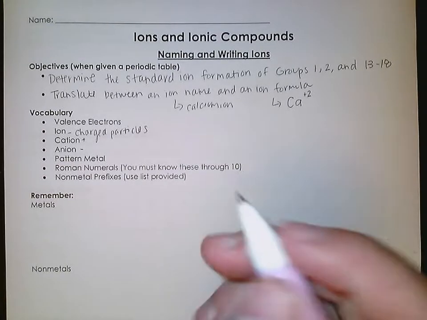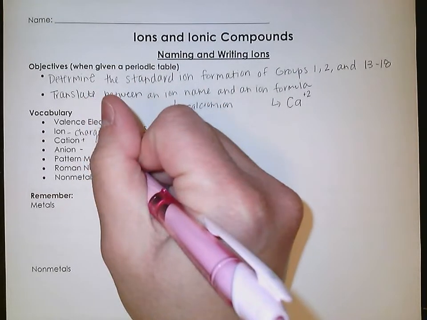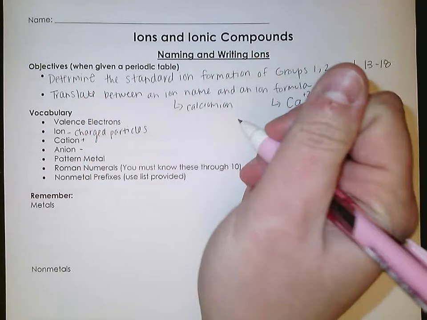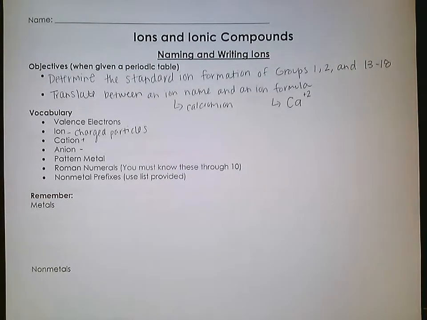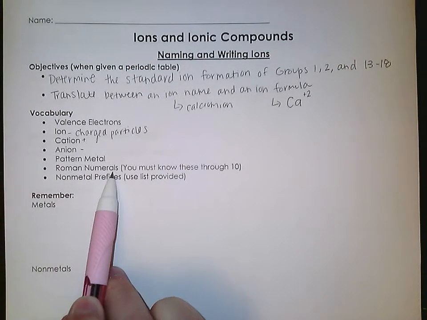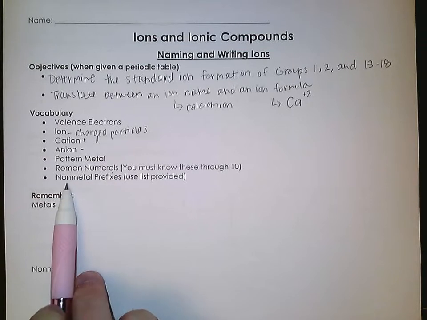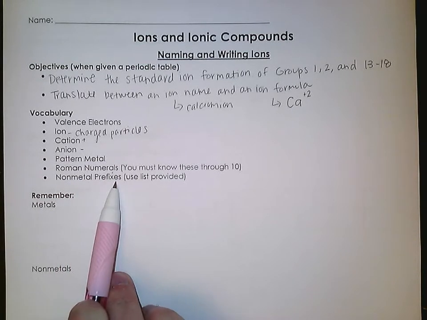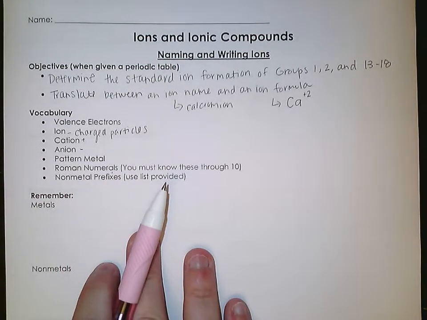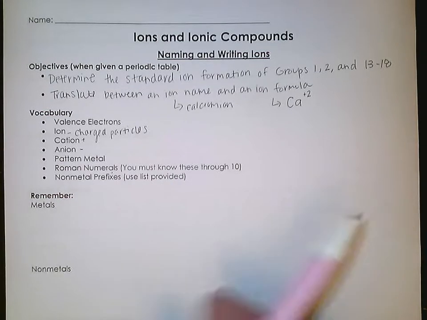Pattern metals we're going to get into, but those are going to be our groups 1, 2, and 13. So you'll see that in just a few minutes. Roman numerals, which you may or may not have seen before, and non-metal prefixes, which is something that you'll use for ionic compounds and for covalent compounds. So that's something we're going to make sure that we take some time to look at.